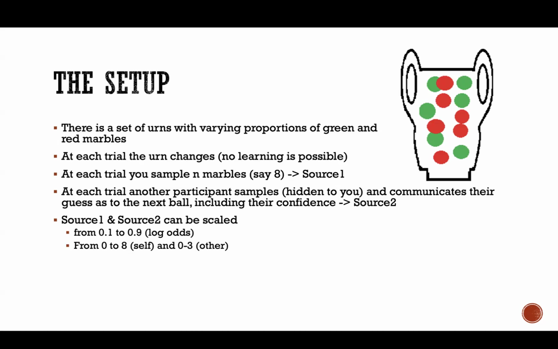And then we can discuss: if we put it from 0 to 8 or 0 to 7, whatever it is, then what we see is that this is already modeled as extremely confident, equally as the direct perception. But if participants are downweighting that source of evidence, we'll see a lower weight. So the model will find a way to compensate for the exact scale, but we need to make a choice and we need to be able to motivate it.